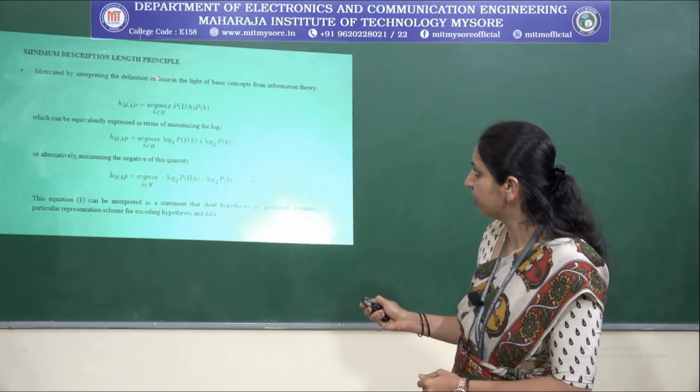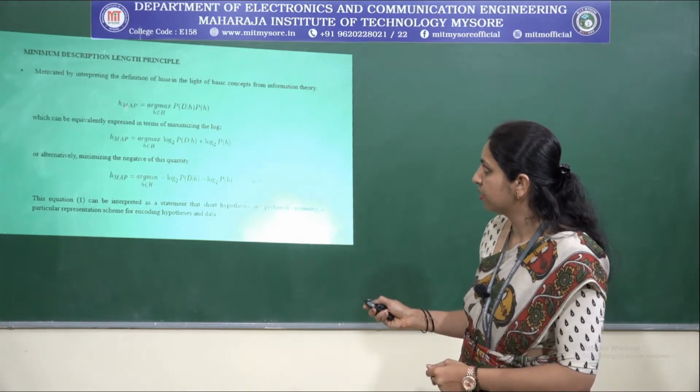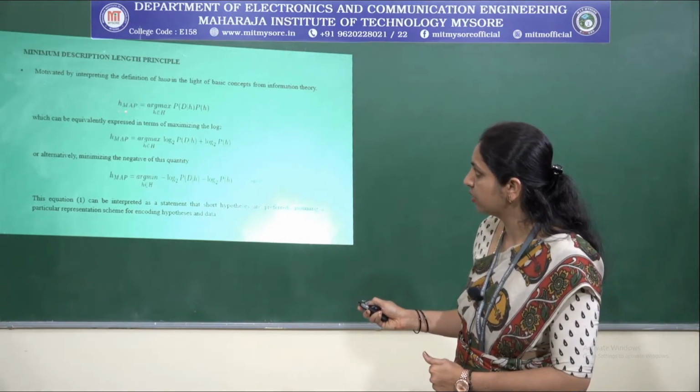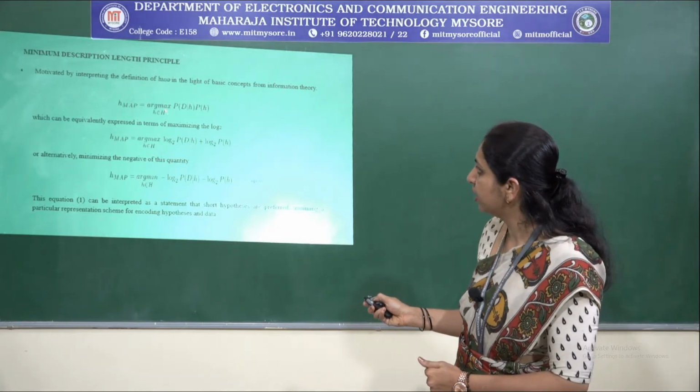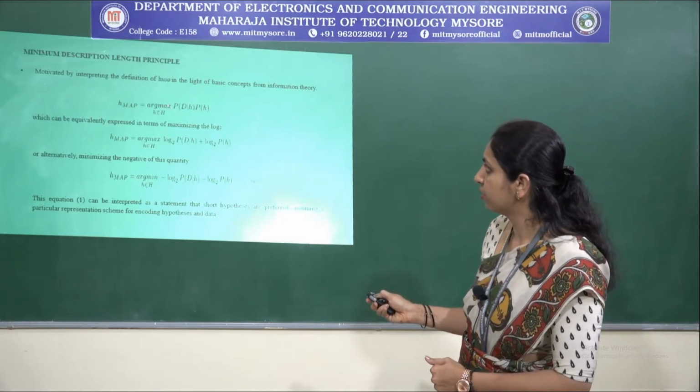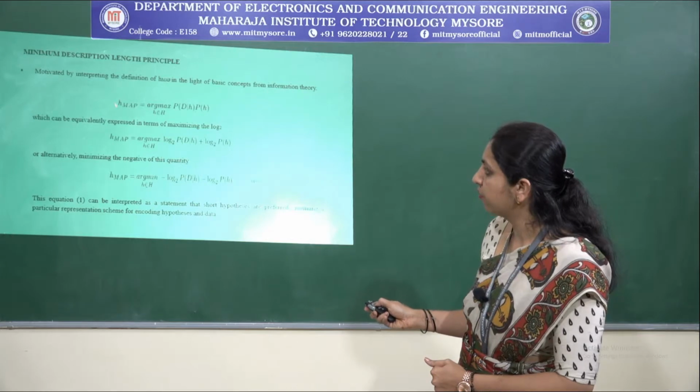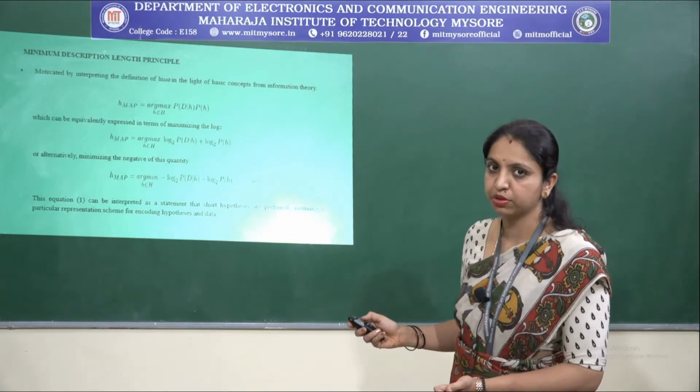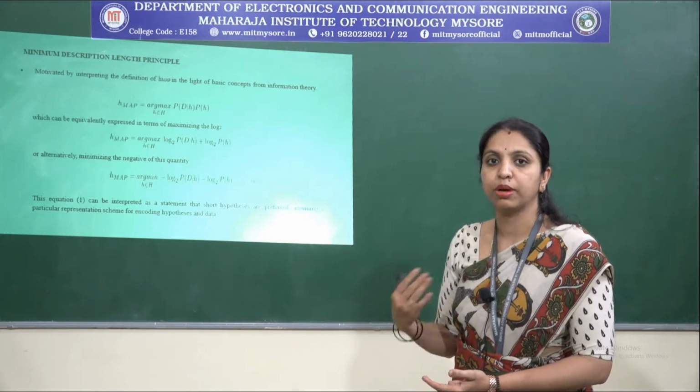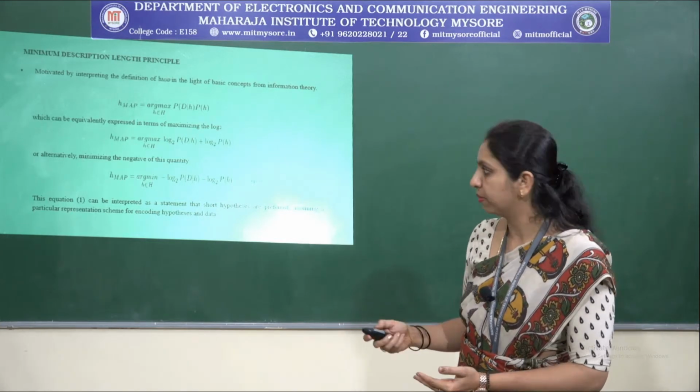And this equation we have already discussed. The hypothesis of maximum posterior probability is equal to the max of, as I have already indicated, it finds the most probable hypothesis based on the maximum value out of all the hypotheses.